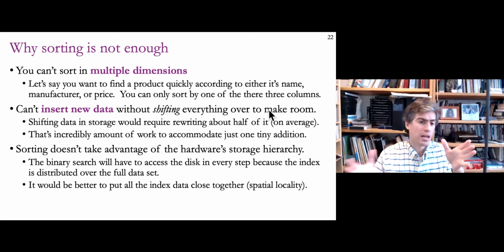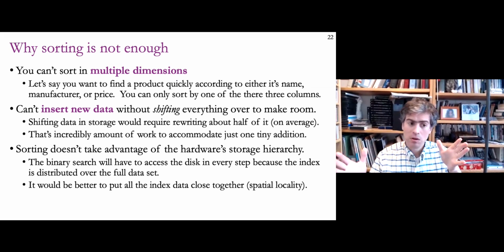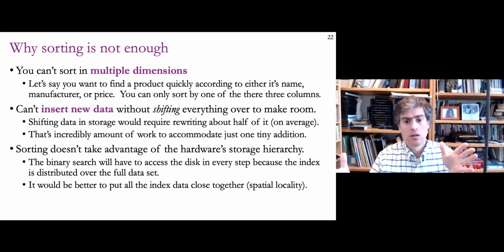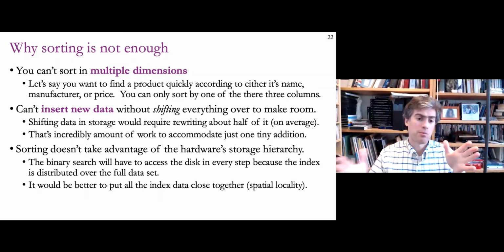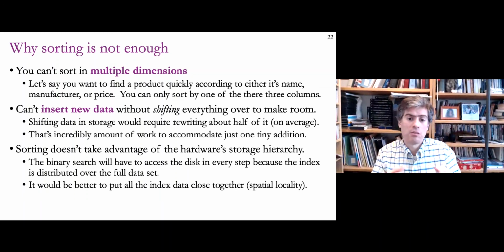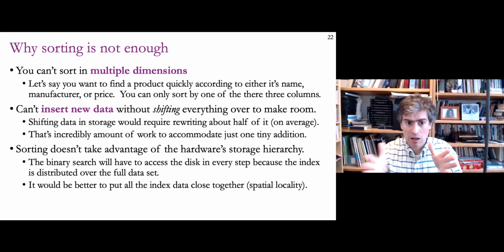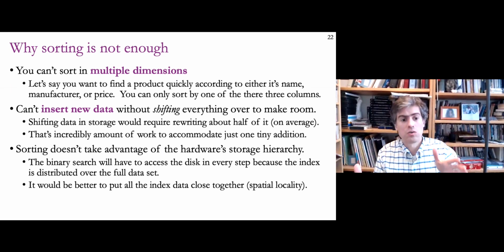In your product catalog, you could sort by name, or by manufacturer, or by price. If you choose to sort your items by price, then yes, it's easy to find the cheapest item, the 50th percentile priced item, or which products cost $5. That's an easy question to answer if your physical catalog of products is sorted by price.